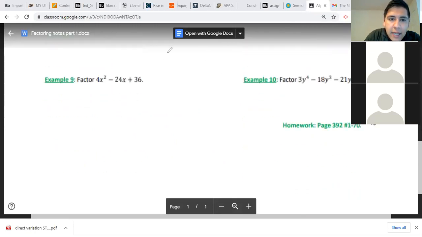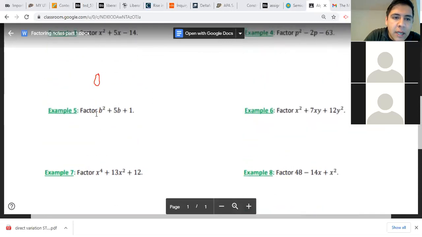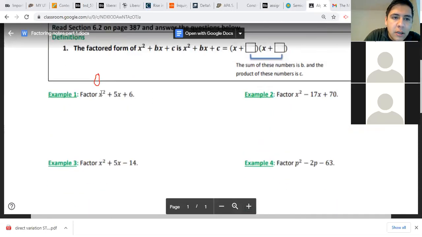Now, one of the things that we haven't had to do, especially because we don't have a number on the outside right there, is that usually the first step is to factor out a common factor before we start factoring the whole thing. Because it becomes a little more difficult when we have a number in front of the x squared. All the examples we've had so far had only a 1 on the front.